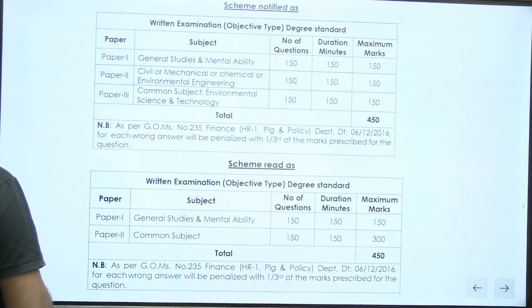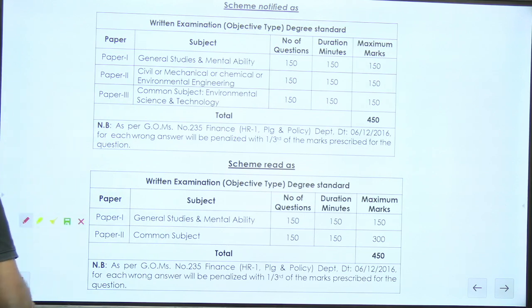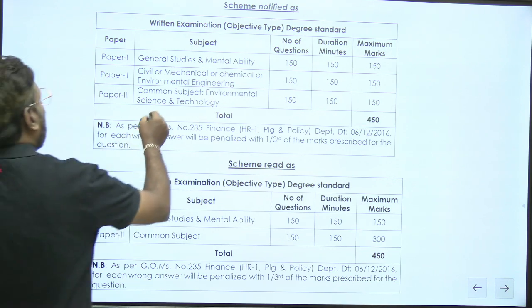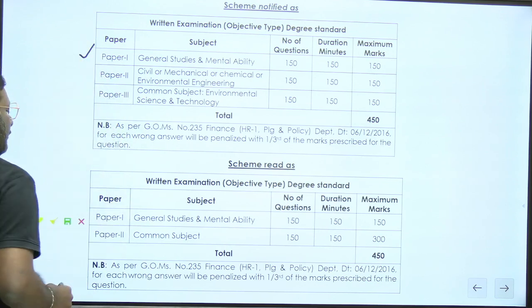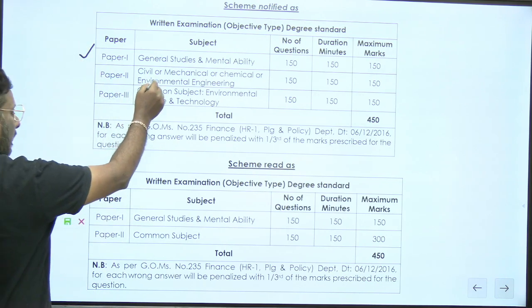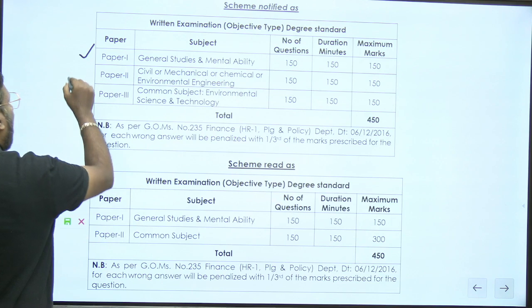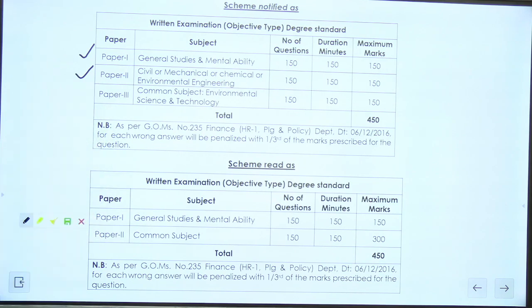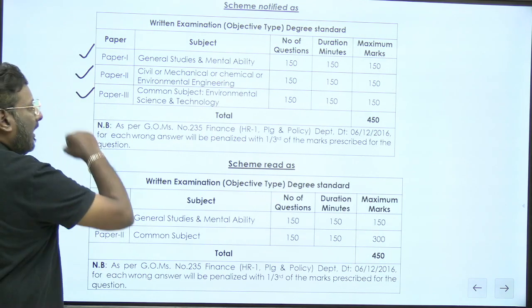What is the revised scheme? Before talking about it, first, what is the old scheme? In the old scheme we have General Studies Paper 1, Civil or Mechanical or Chemical or Environmental Engineering Paper 2, and Environmental Science and Technology Paper 3.